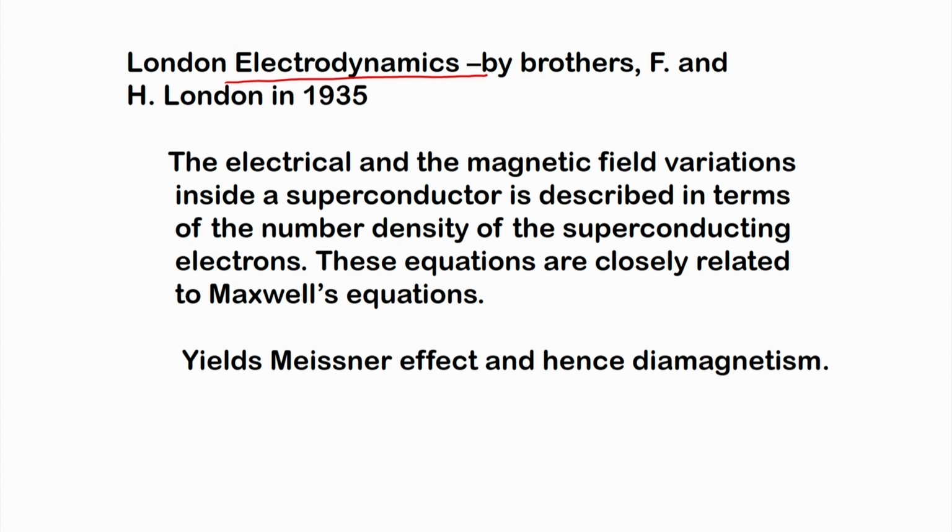Starting from these equations, which are nothing but variations of Maxwell's equations of electrodynamics, one can get diamagnetism and hence the Meissner effect. This is what we have talked about.